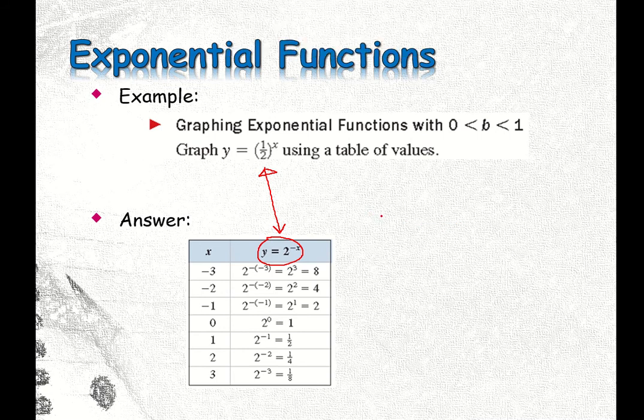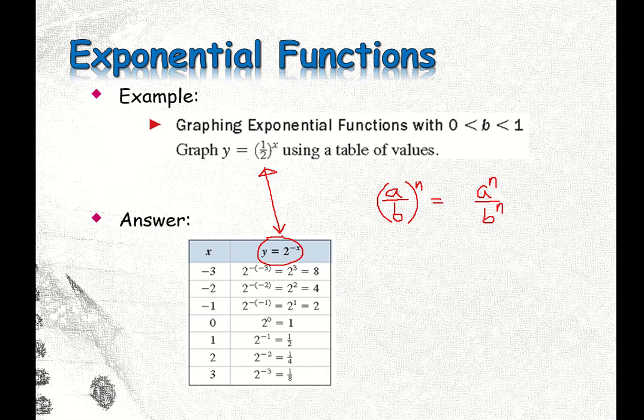We are going to use the concept or the property that if you have a over b raised to a power n, this is the same as a to the power n divided by b to the power n.